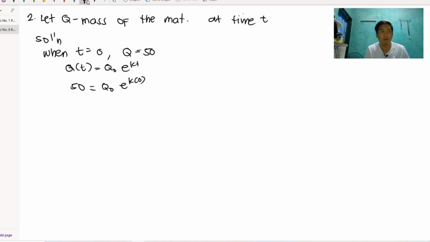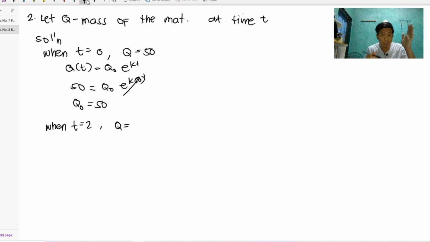Now, after 2 hours, it has lost 10% of its original amount. So, when T is equals to 2, our Q is 10% of 50 is 5. So, 50 minus 5 is 45 mg. Okay? So, by using again this formula, Q sub O E raised to KT, our Q here is 45. Our Q sub O is 50.